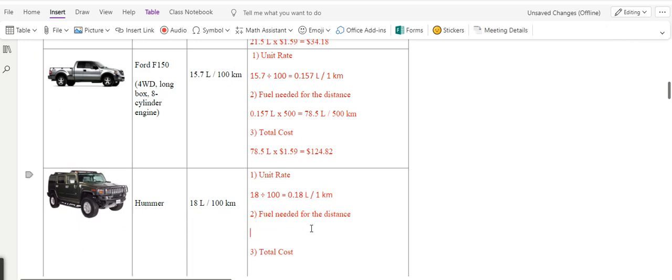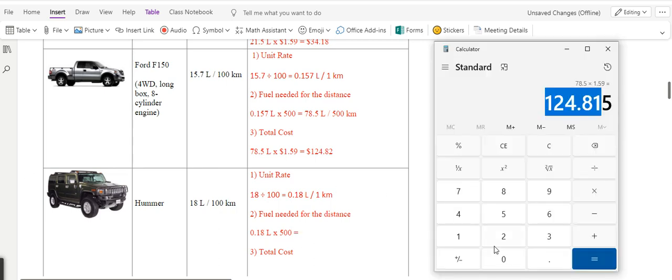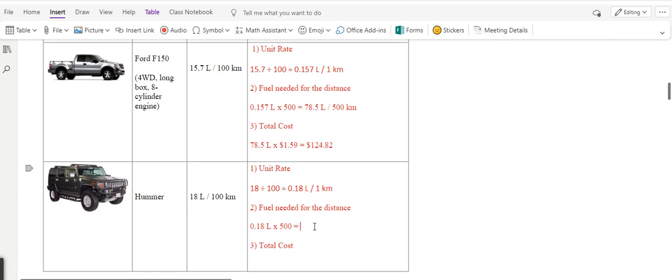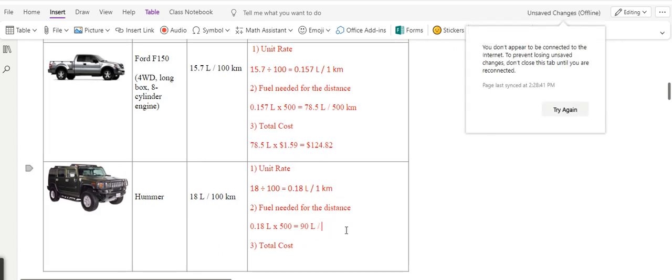The fuel needed for the distance, well, we're talking 500 kilometers, so it's going to be 0.18 liters multiplied by 500. And so for us, 0.18 multiplied by 500, that's going to be 90 liters of fuel. So again, this is 90 liters for that 500 kilometers. That's what we're talking about.